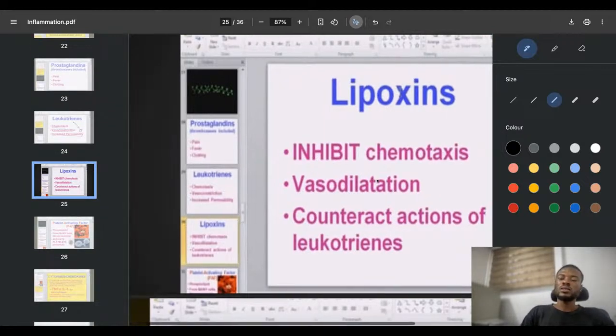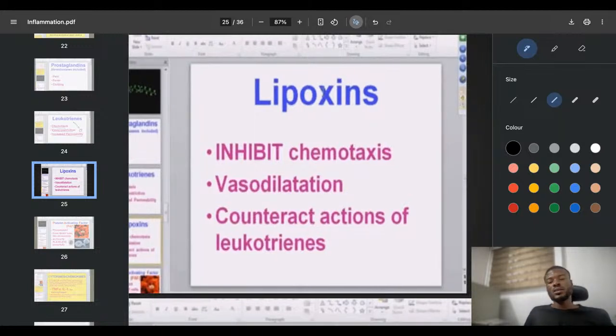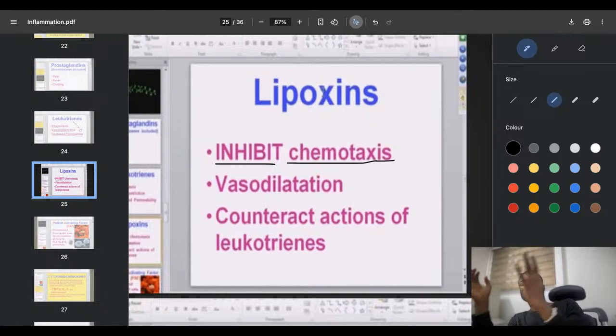Then we have these lipoxins. Their release will inhibit chemotaxis, and that should tell you that some of them are released at the end of the inflammatory response, so that more neutrophils wouldn't be recruited to the site that had previously been inflamed.